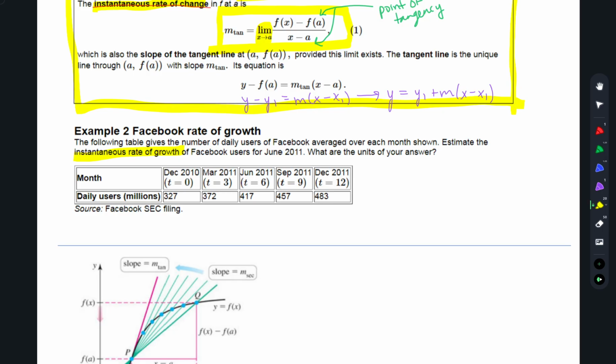Now because these are equally spaced, there could be another way to do this, but this is the way that works every time. Here's my point: I wanted June 2011.